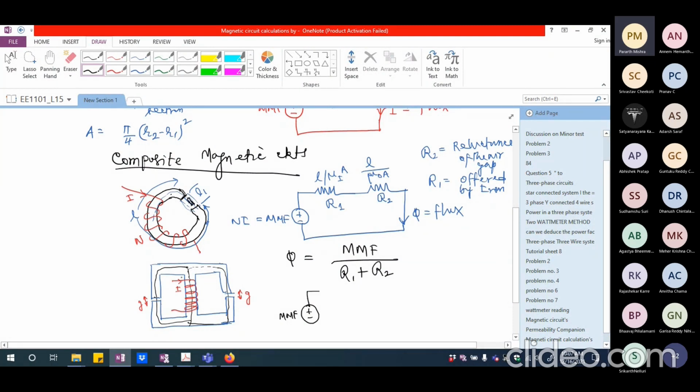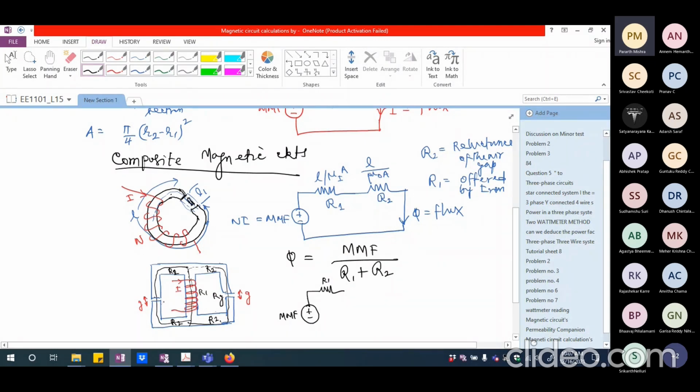So I can actually write the reluctance of this portion as this. So let me call this some R1, and I can call this R2. And I can call this again R2, because these two are very similar. And this is again R2. All of them are going to be actually R2. And I may have some reluctance for this limb also. Let me call that R1. So I have called this R1. Now R2 plus R2 plus RG.